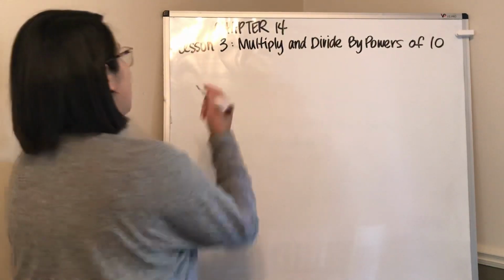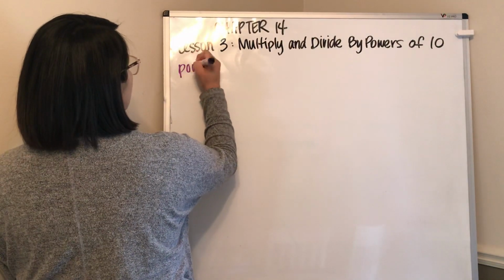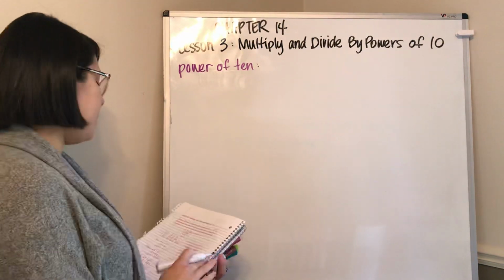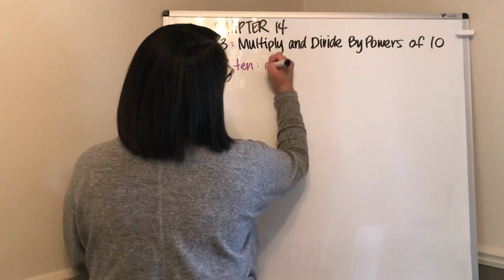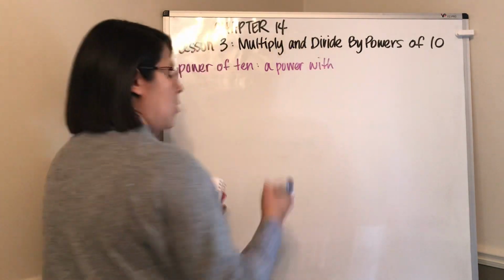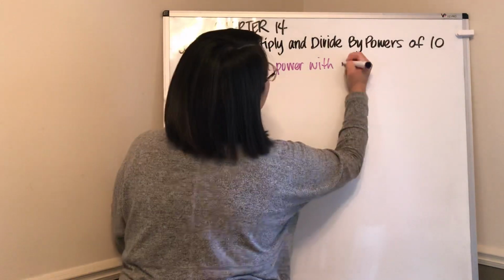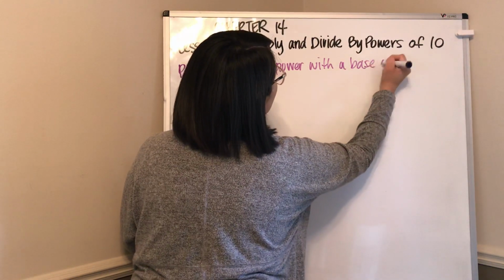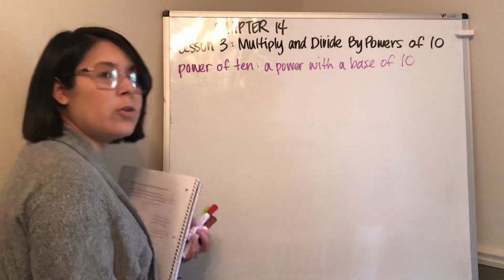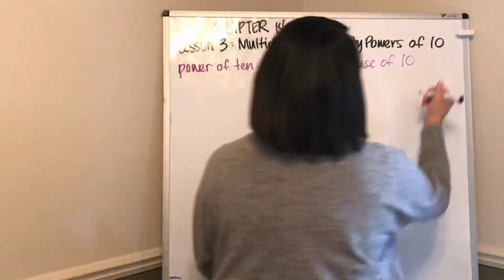So first we have power of 10. Okay, and so that's a power with a base of 10. Okay, so for example, that's going to be 10 to the nth power.